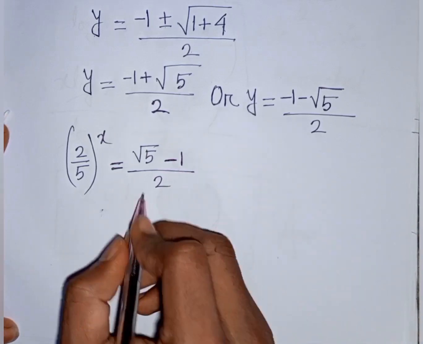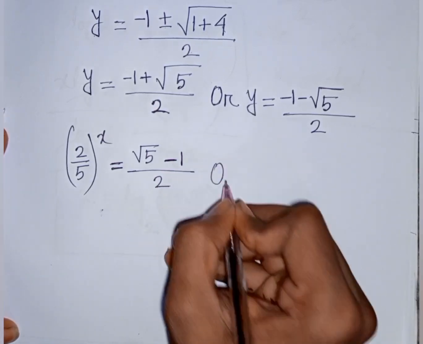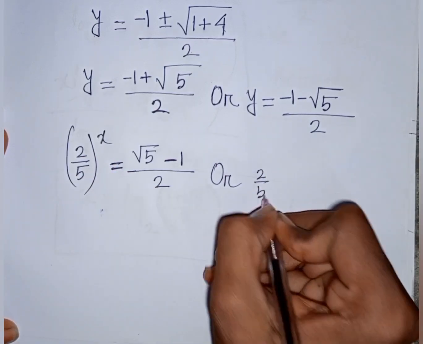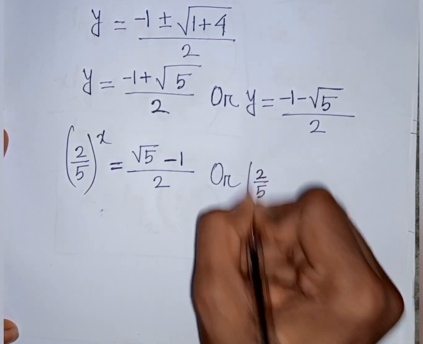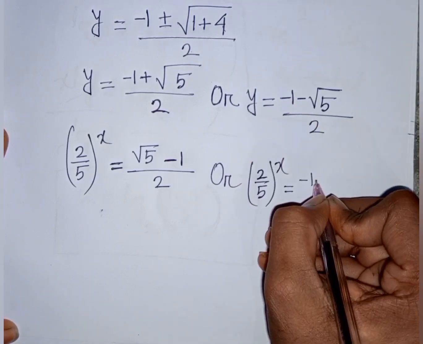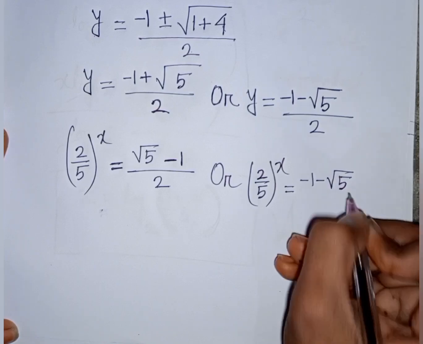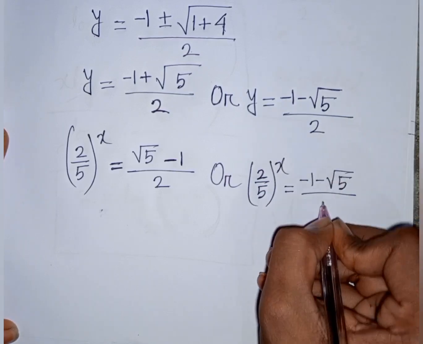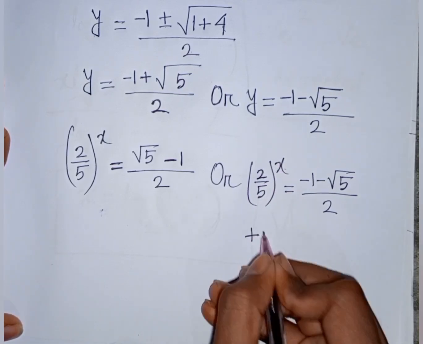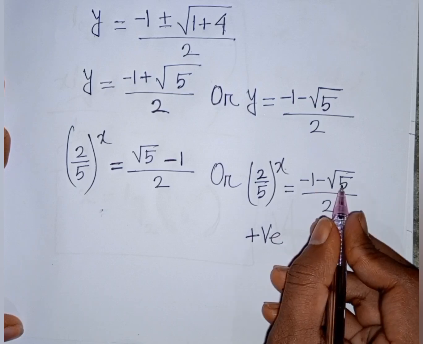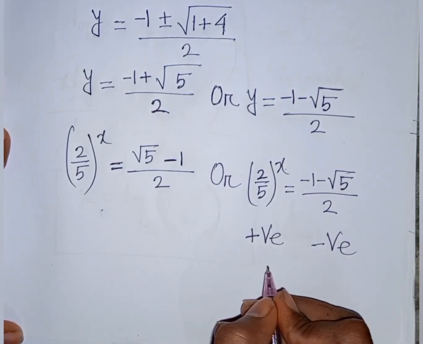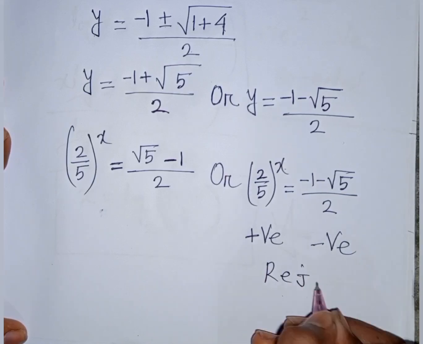Or y, that means 2 by 5 bracket power x, is equal to minus 1 minus a square root of 5, divided by 2. Now we see 2 by 5 bracket power any number is always positive, but minus 1 minus a square root of 5 divided by 2 must be negative. So positive cannot be equal to negative, so this is rejected.